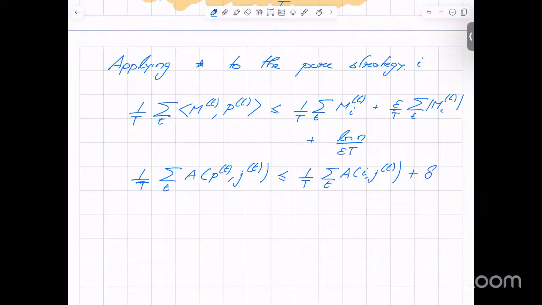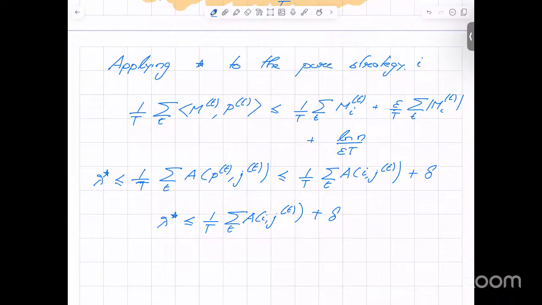We had set it to be those two at delta. This quantity was also set to be larger than lambda star. So we have lambda star is less than or equal to 1 by T summation T A I JT plus delta. But what is this?